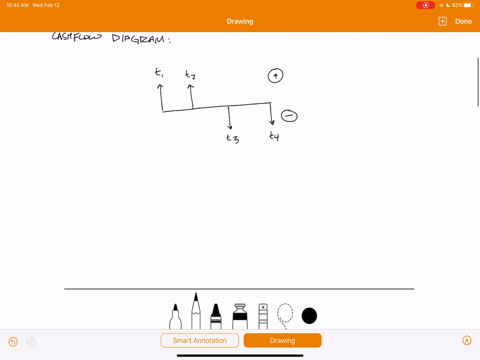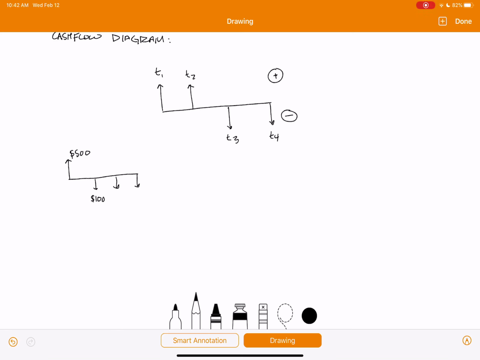But if we had, for example, a cash flow that looked like this, all right, and we wanted to find, and let's say we're starting at time period 1, and we wanted to find the cash flow at time period 2.